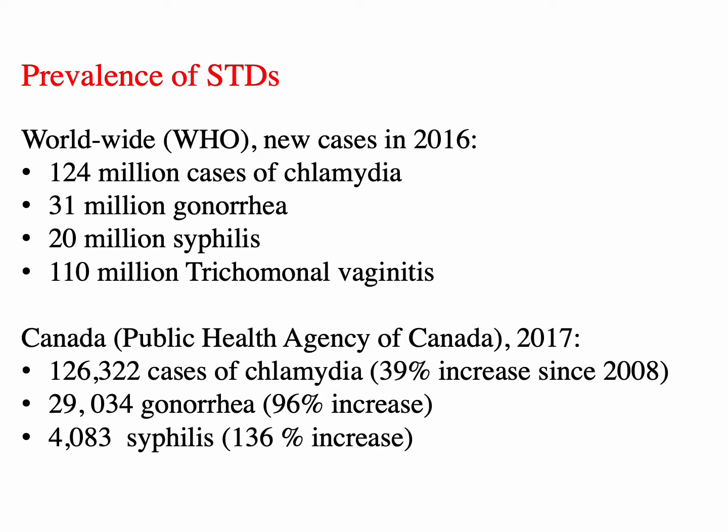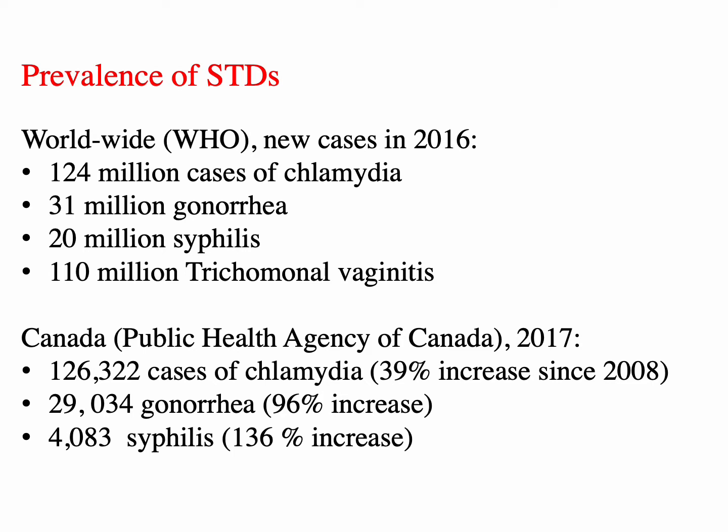We're not going to talk about Trichomonas vaginitis, which is caused by Trichomonas and is listed in the table before this one. Those 4 STDs are probably the most prevalent or widespread worldwide.